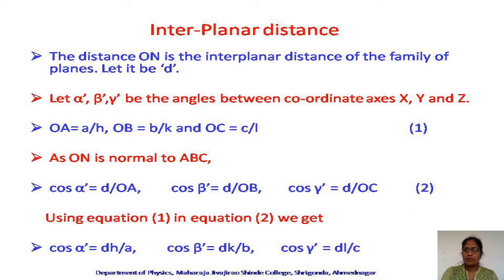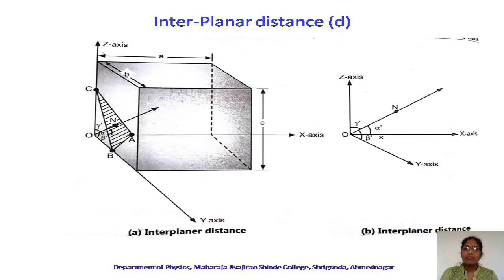So, I have already explained that OA is a upon h, OB is b upon k and OC is c upon l if the plane belongs to the family hkl. Then we have drawn a normal to ABC, it is ON, and its length is d. Now alpha is the angle as shown in the figure.